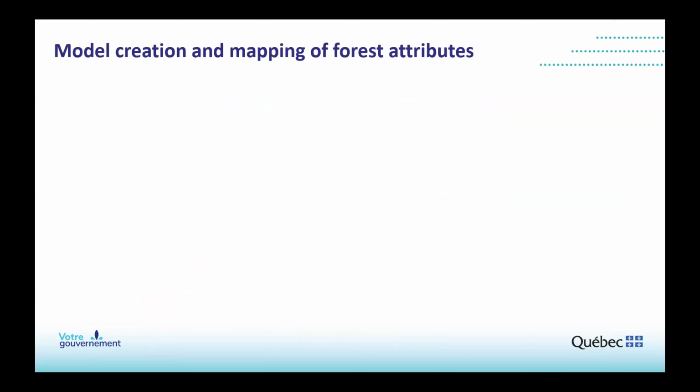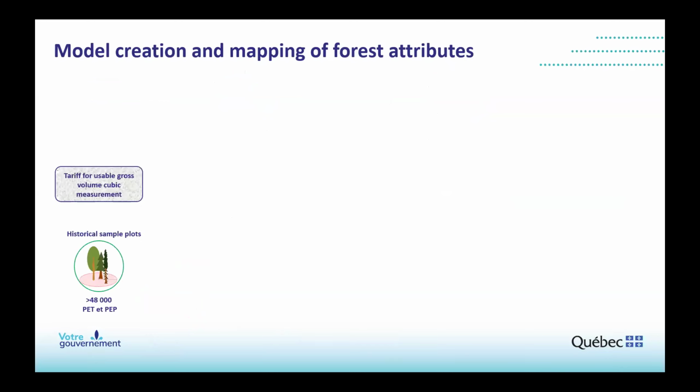Model creation and mapping of forest attributes. From the tariff for usable growth volume cubic measurement and from our 48,000 historical sample plots, we are able to create 18 forest attribute models.